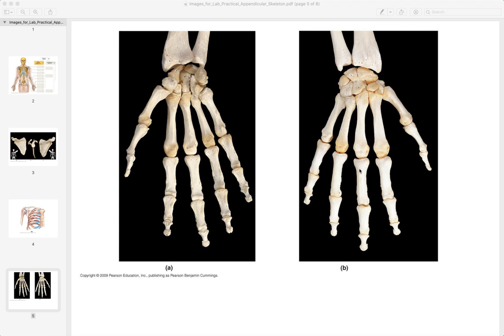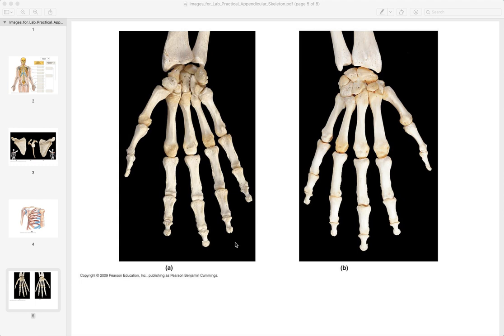And each finger has 3 phalanges: a distal, middle, and proximal. So we have distal, middle, and proximal for each finger. And the thumb only has distal and proximal.